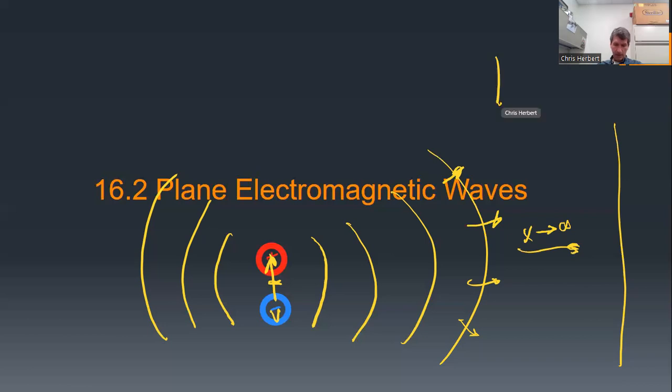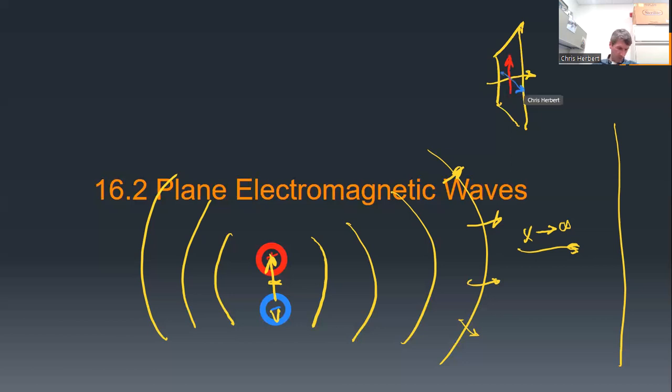And again, if we looked at the wavefront itself, we're looking at all one phase. This would be a plane which would be propagating through space with an electric field going in one direction and the magnetic field, of course, perpendicular to that.